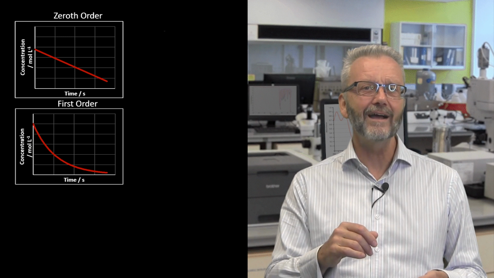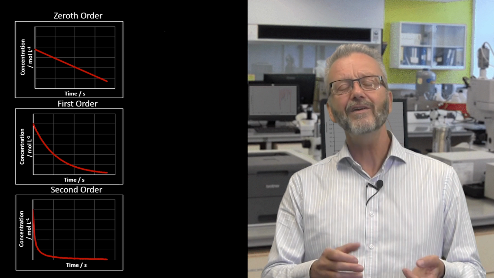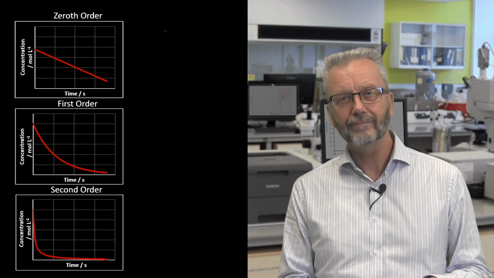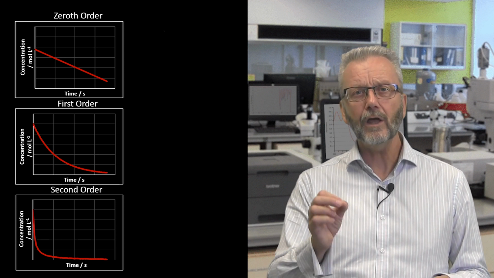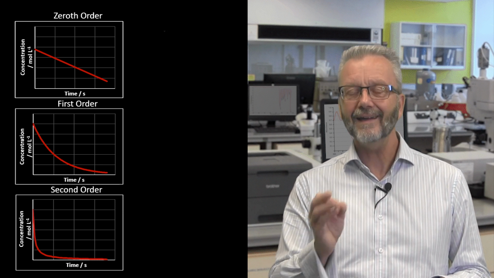For a second order reaction, the rate depends even more on the concentration of the reagent, and the curve is even steeper. However, we can still obtain the rate at any point by taking a tangent and calculating the gradient. Since our three different types of kinetics depend upon the power to which the concentration is raised, we can plot rate as a function of concentration to discover what type of kinetics may be going on in a particular reaction.